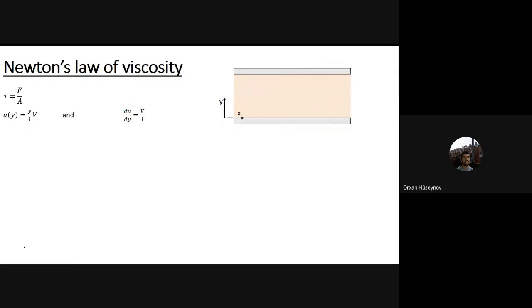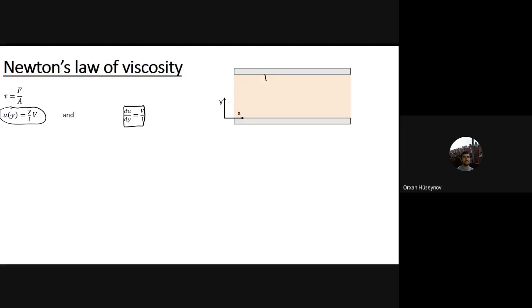And then he takes the derivative of u with respect to y. It makes v by L, because that is the formula, and this is a very simple derivative. So you take the derivative with respect to y, it will be v by L. And what is u?